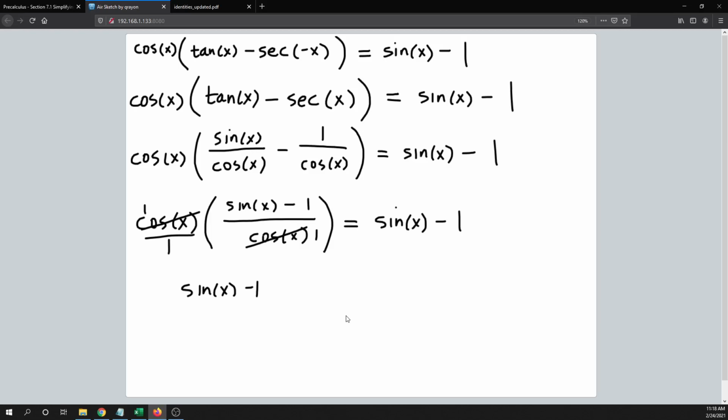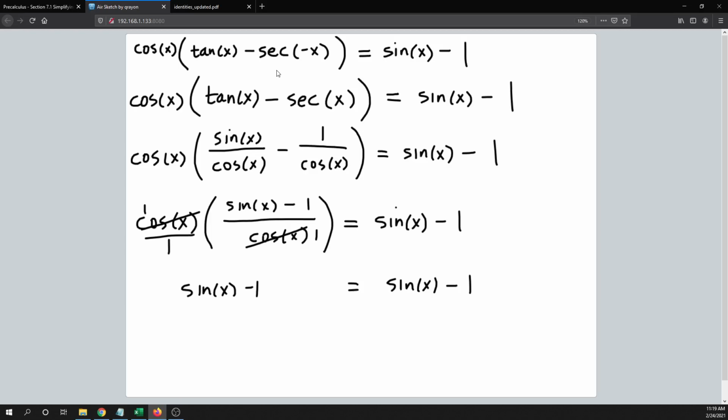Okay, and you can see that these sides now match up. All right, so this identity has been verified. It is true for all real numbers x where tan x and secant of opposite x are defined.